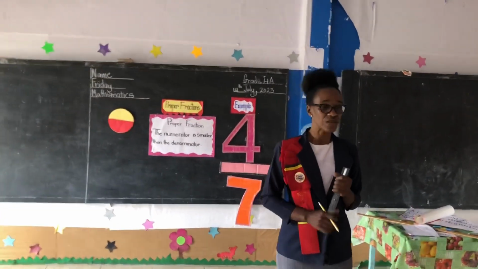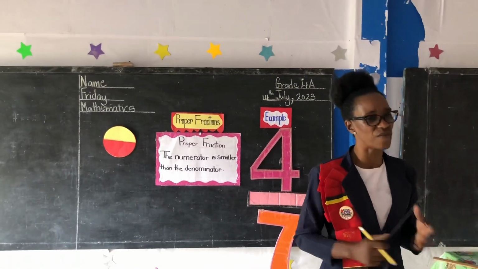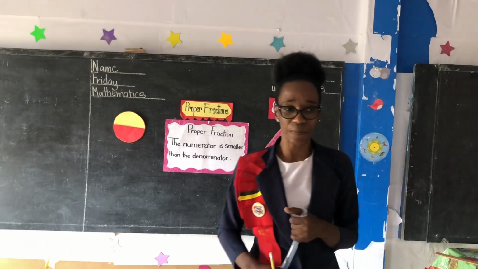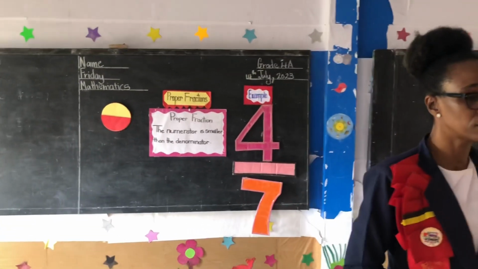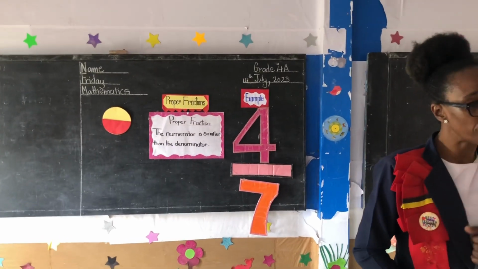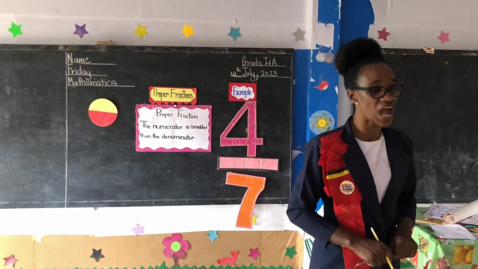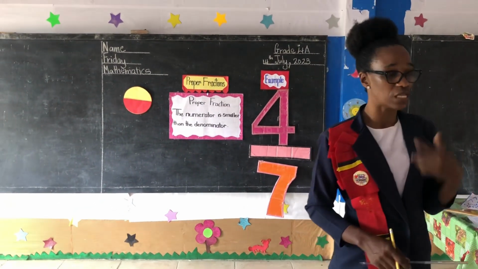Okay? Boys and girls, I want someone to tell me what they would have learned from today's lesson. Somebody from the back. Okay, Barnes. Barnes is saying that he would have learned that in a proper fraction, the numerator is smaller than the denominator.